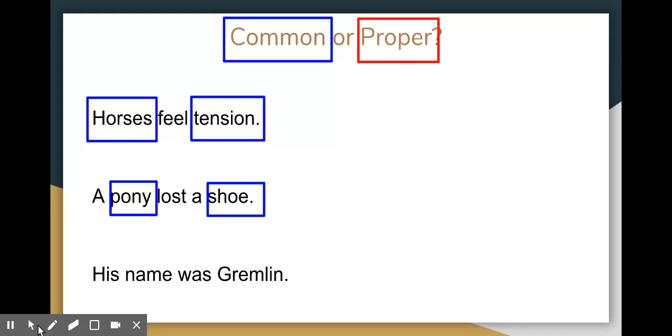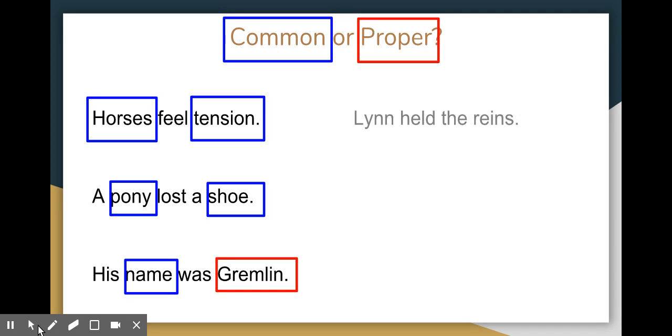We have two nouns there. The first is name, which is common, and it gives us his name, Gremlin. So Gremlin is a proper noun. Lynn held the reins. Try this one. You should have marked Lynn as a proper noun and reins as a common noun.